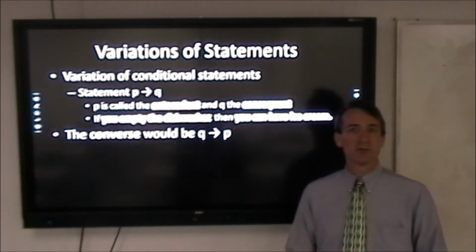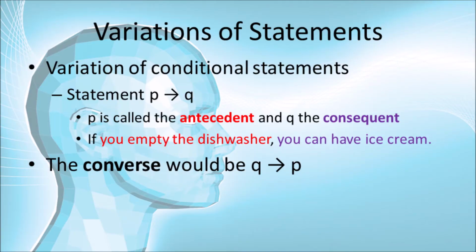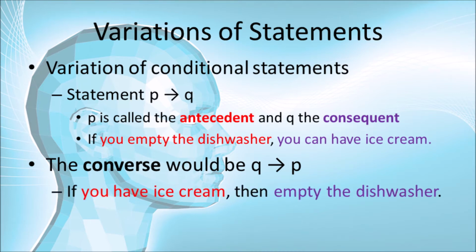So today we're going to be looking at three different variations of this. The first one is called the converse statement. In a converse statement, we are switching the antecedent and the consequent. So as our example, instead of saying if you empty the dishwasher then you can have ice cream, I would say if you have ice cream then you empty the dishwasher.